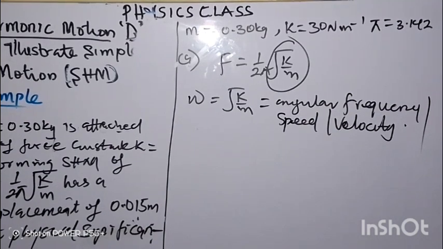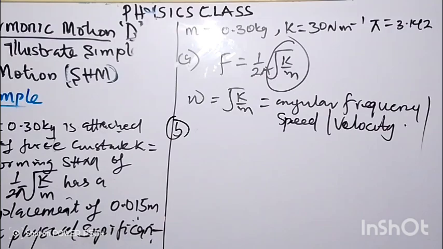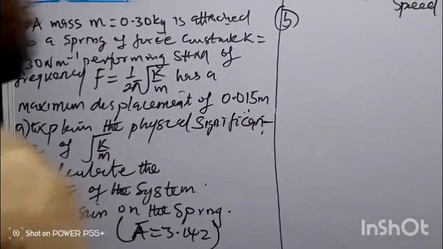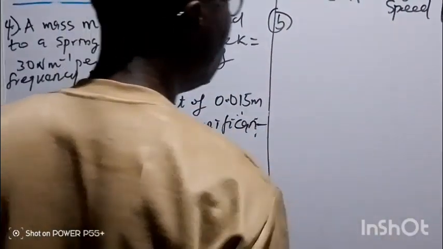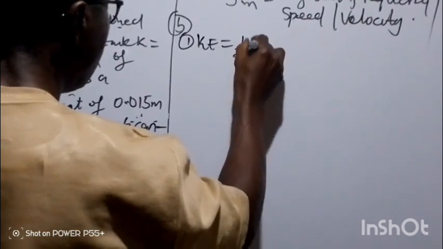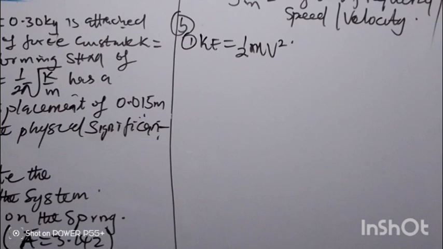Then B part of the question. B1 says we should find the kinetic energy of the system. And we know that KE is equal to half mv squared. But to calculate KE, according to this question, V is not given.